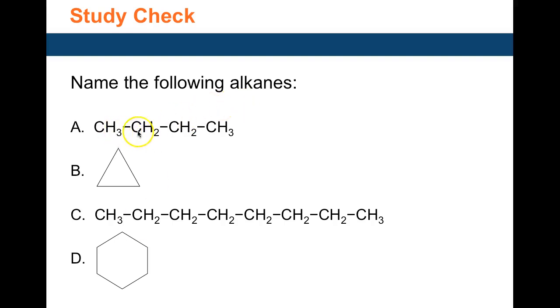Again, just count up the number of carbons: 1, 2, 3, 4. So butane. This is a cyclic compound, 3 carbons at each point, so cyclopropane. Here in this expanded structural formula, you have 3 plus another 3, 6, 7, 8, so octane. Again, this is a cyclic structure. Each point signifies a carbon, so 6 points, so it's cyclohexane.